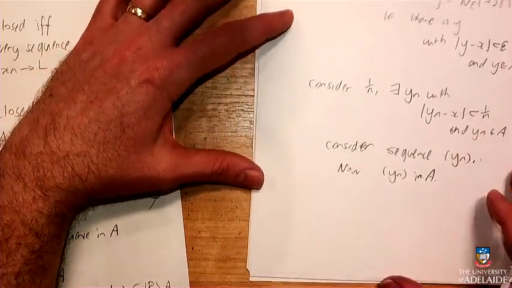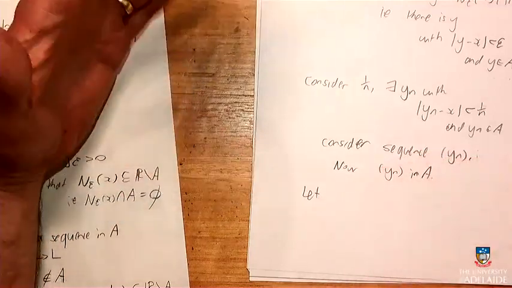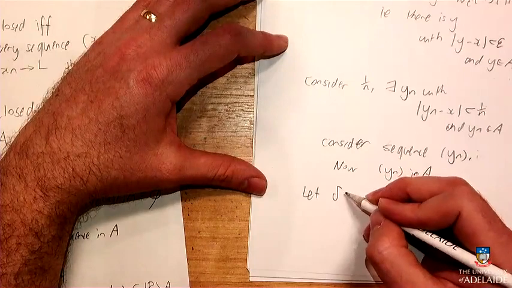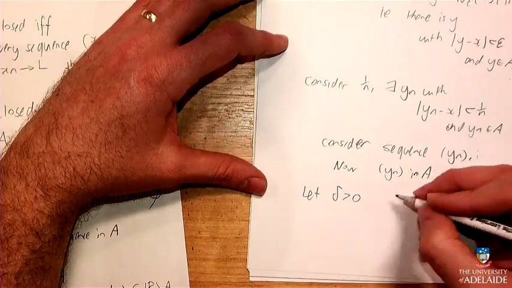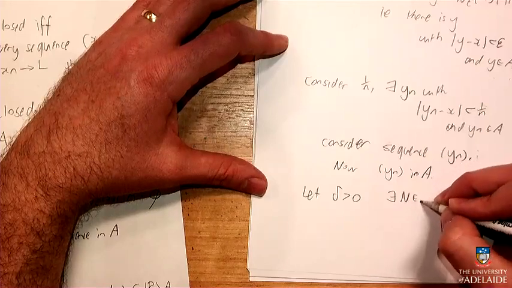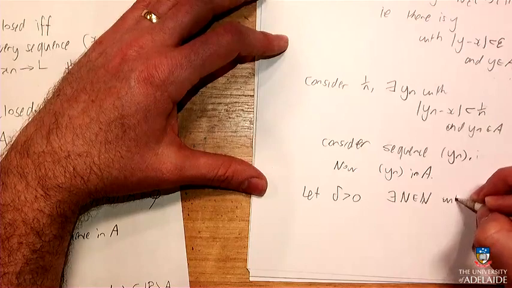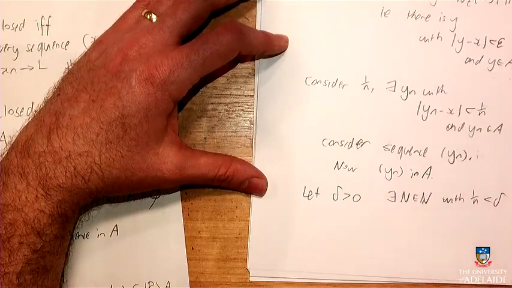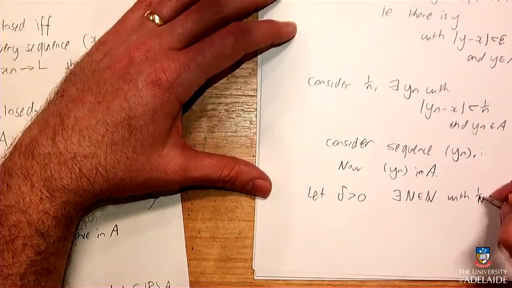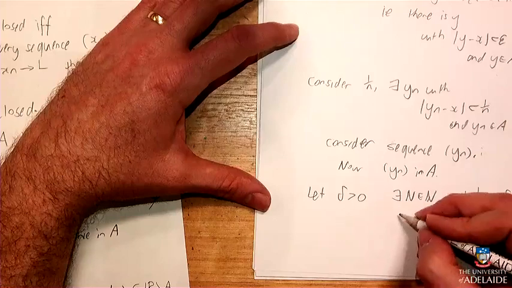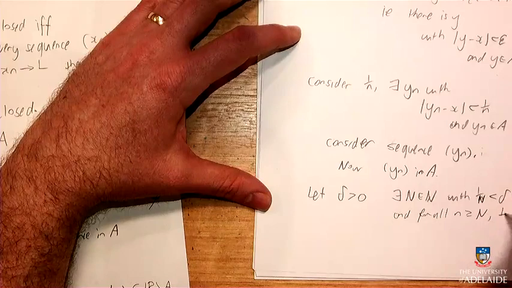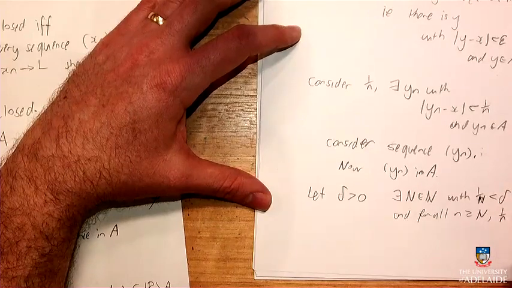Now, I've already used epsilon, so I don't really feel like using it again. I'll use a delta this time instead. So let delta be greater than 0. Then there exists an N in the naturals with 1 over N less than delta. And for all n greater than or equal to N, 1 over n will also be less than 1 over N, which is less than delta.